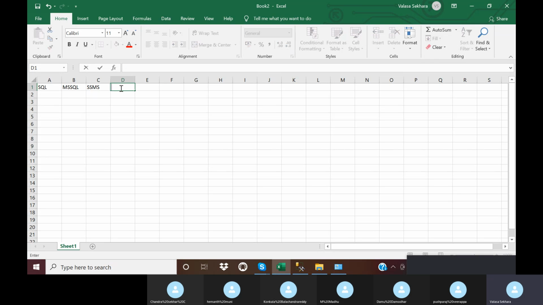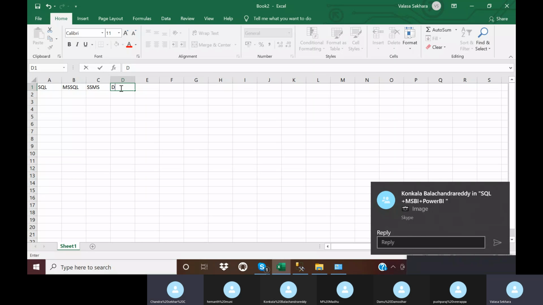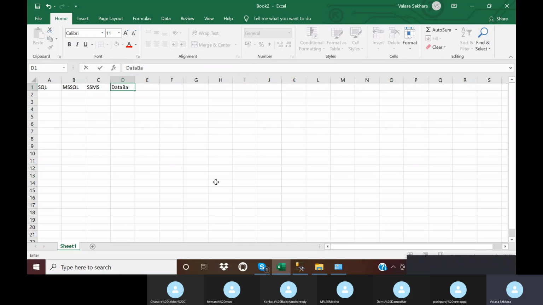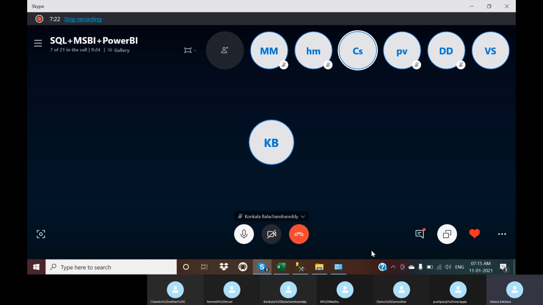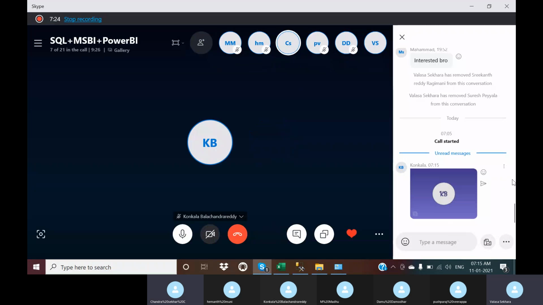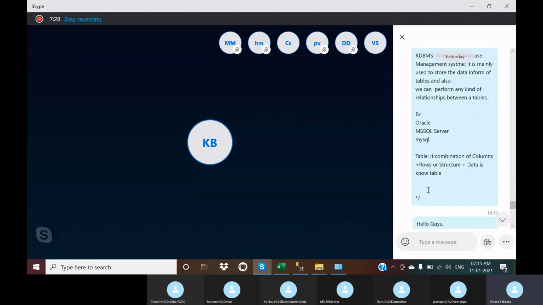Now we have discussed about the databases. What is the database? We have discussed about the database. Let me open. Let me copy. I have pasted yesterday a few things, right? Let's copy this one.